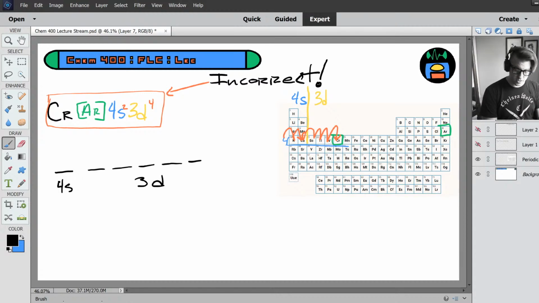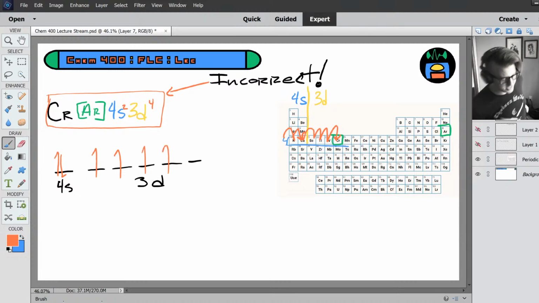And if we look at the electrons present, we have 2 electrons in our 4s subshell, and then 1, 2, 3, 4 electrons in our 3d subshell.